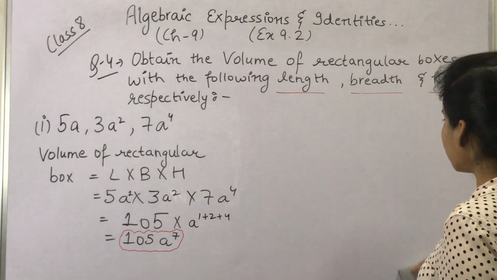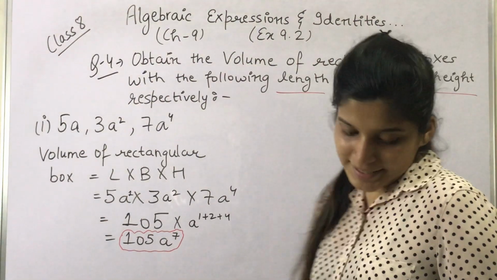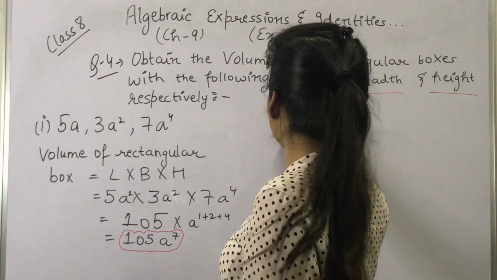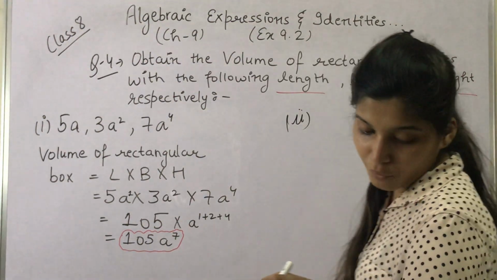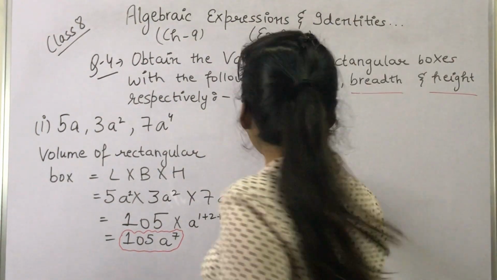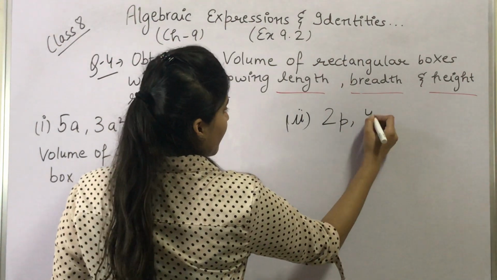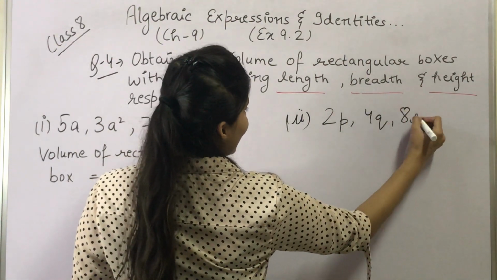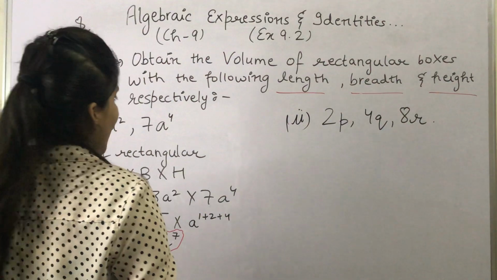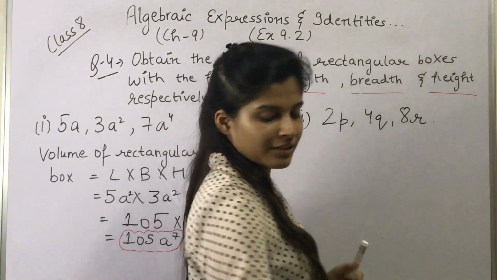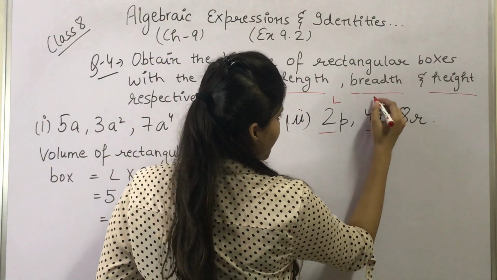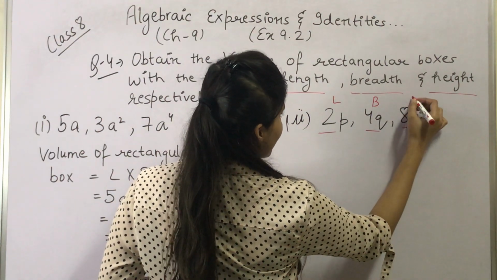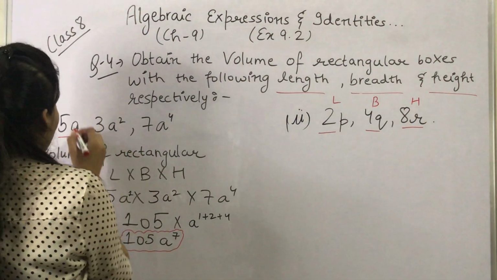Now let's come to second part. In second part we have 2p, 4q and 8r. So now we know that 2p is the length, 4q is the breadth and 8r is the height.